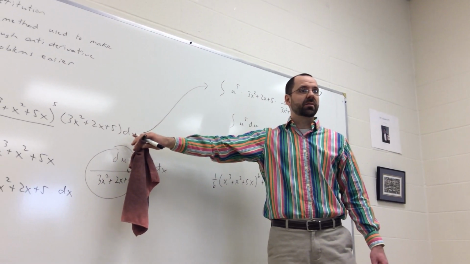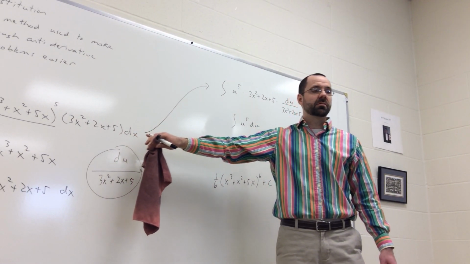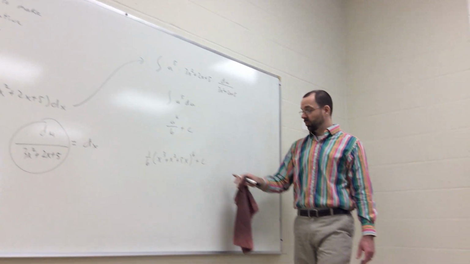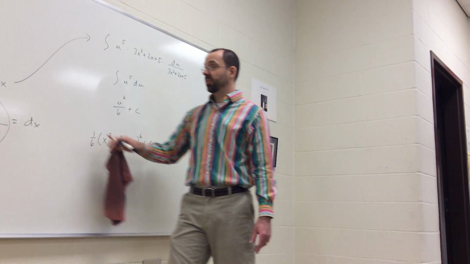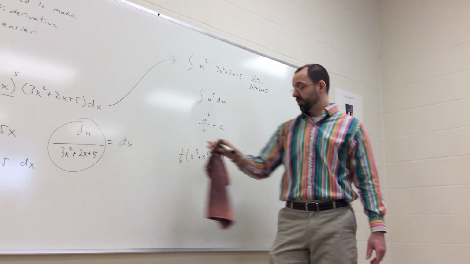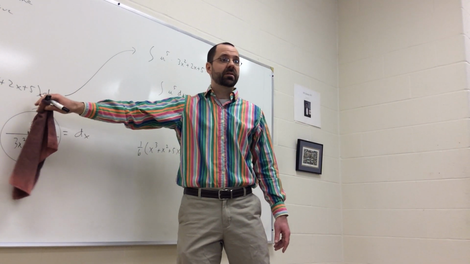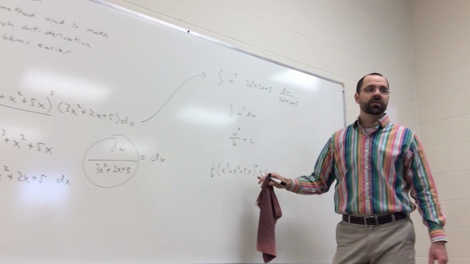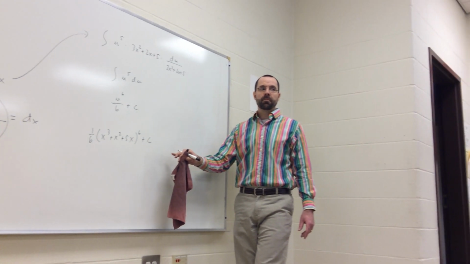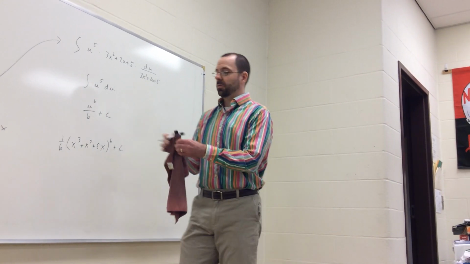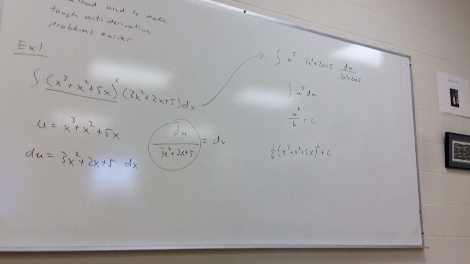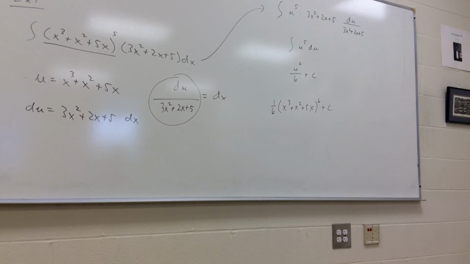So I got the right answer. If this is the correct antiderivative for that, then the derivative of this should be that. And it is. Okay, let's try. Got a bunch more to try. This is a method, so we just have to practice it.